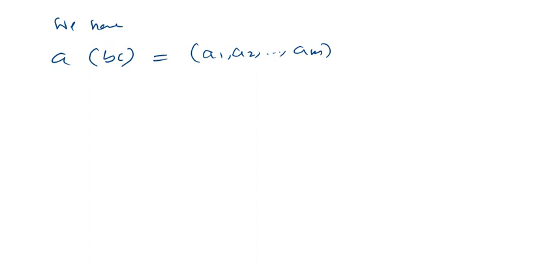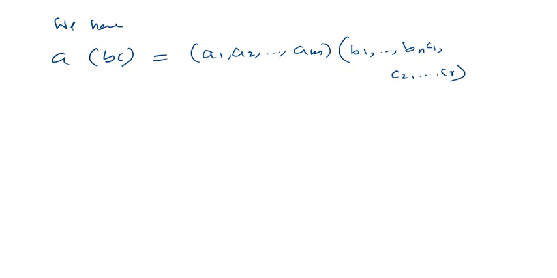So we have this product A(BC). This is A1 A2 ... AM, and then BC, since index is the same, it's B1 ... Bn and C1, then C2 ... Cr.